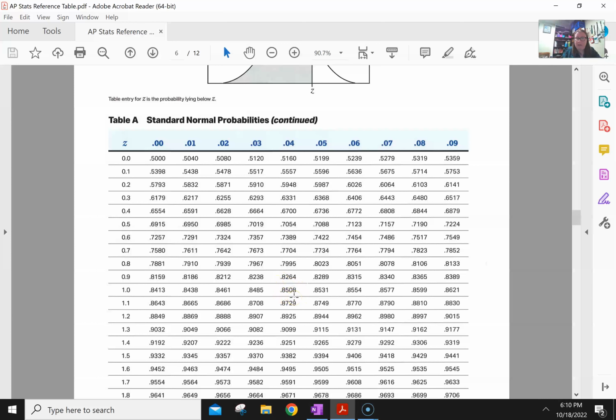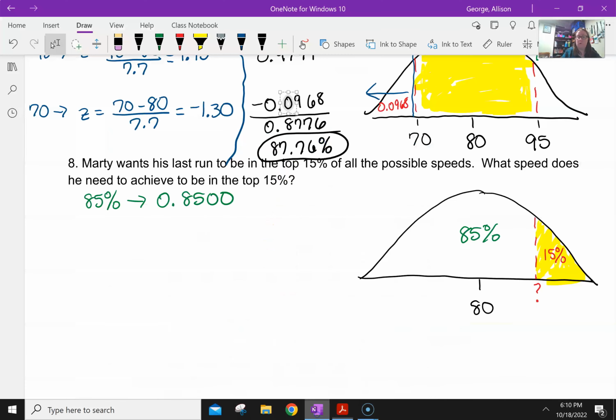I'm at 0.8508. So what I need to do is find the z-score that goes with that. I'm going to move along over here and realize I'm at 1.0. That's the first part of my z-score. And then I'm going to go up to find my hundredths place. It's at 4. So I'm at 1.04 for my z-score.